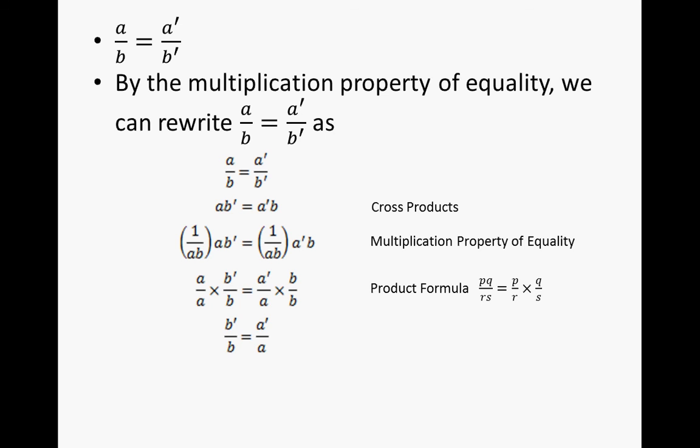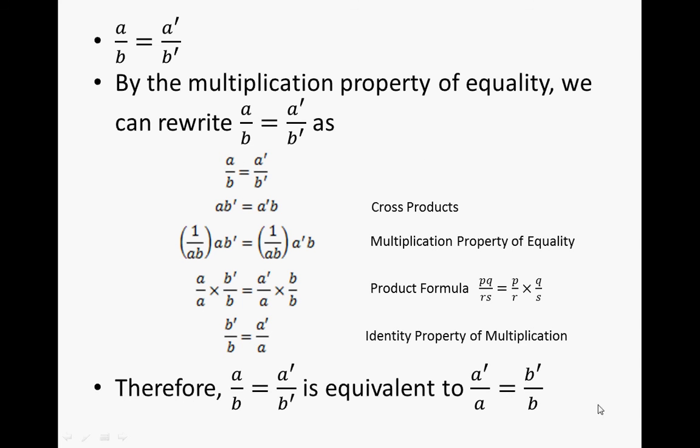Because of the identity property of multiplication, a over a equals 1, and 1 times any number, value, or variable is going to be the same thing, so we end up with b prime over b equals a prime over a. So a over b equals a prime over b prime is equivalent to, and notice the change in order, a prime over a equals b prime over b.